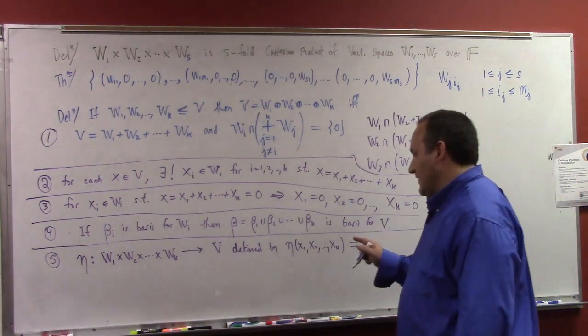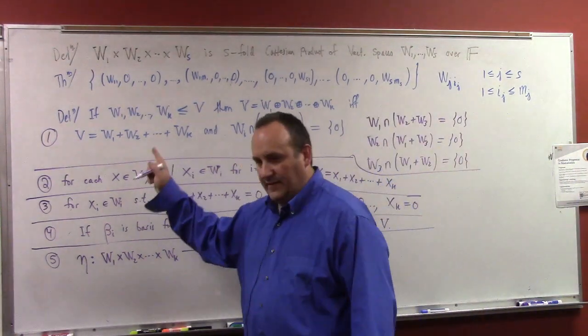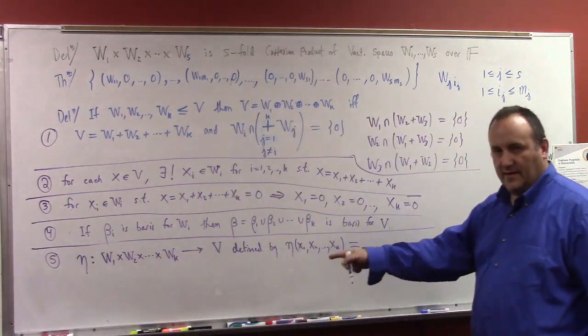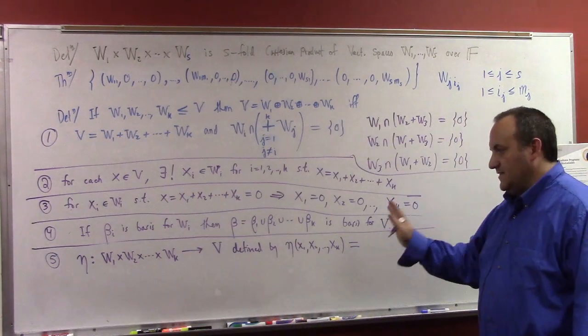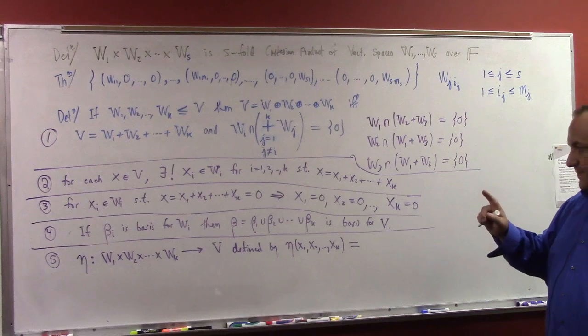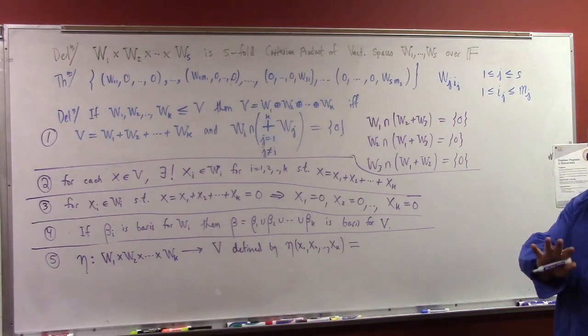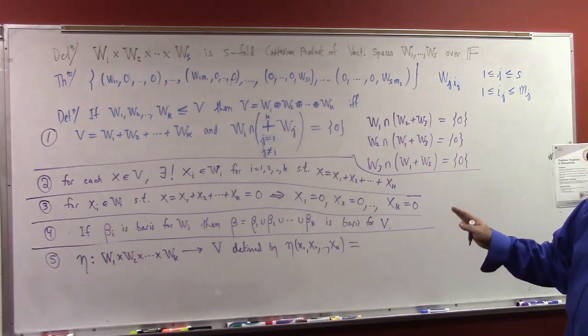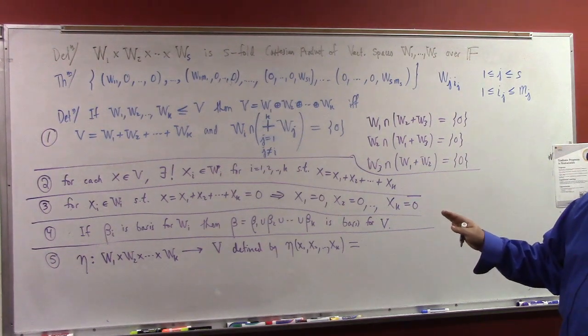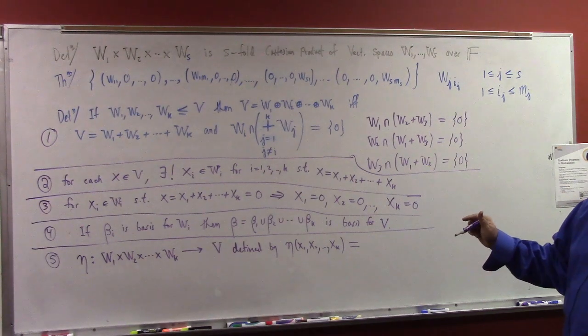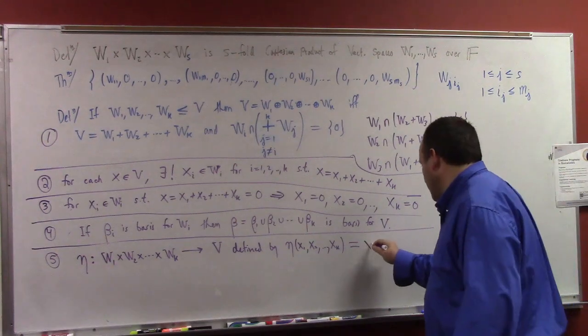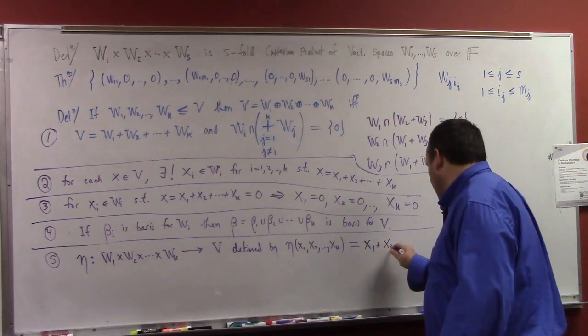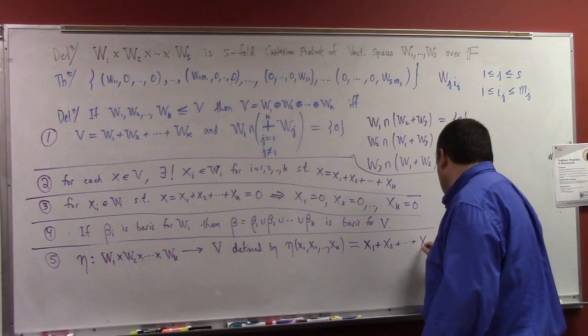I'm taking a vector in W1, a vector in W2, a vector in Wk, and combining them to give a vector in V. This mapping is actually an isomorphism. What is the mapping? The mapping is x1 plus x2 plus ... plus xk. Yep, that's it. That is the isomorphism.